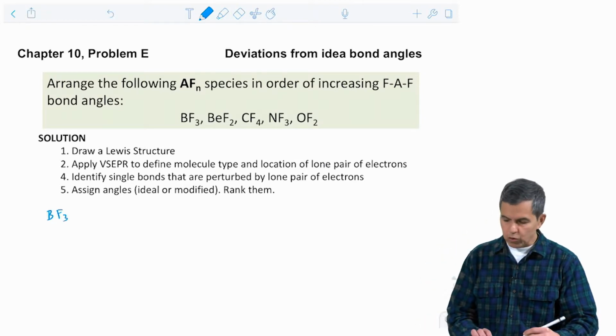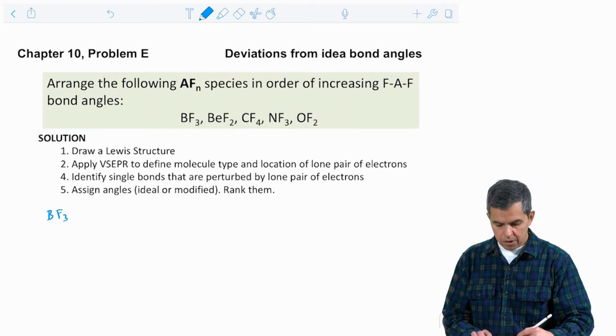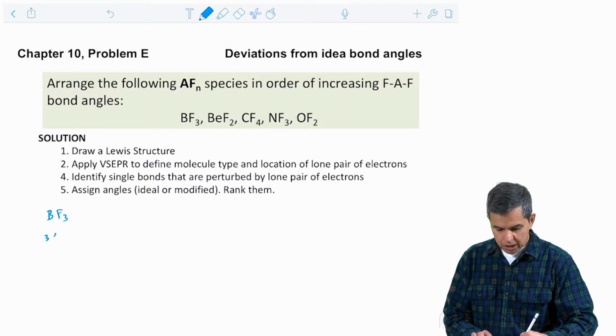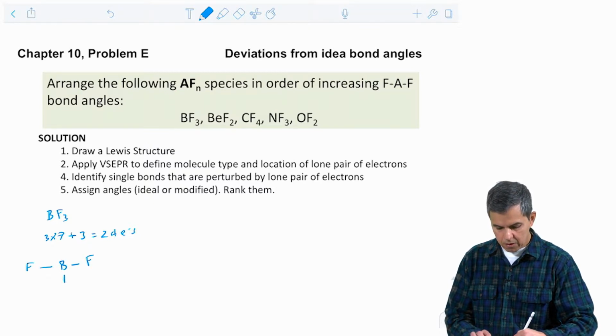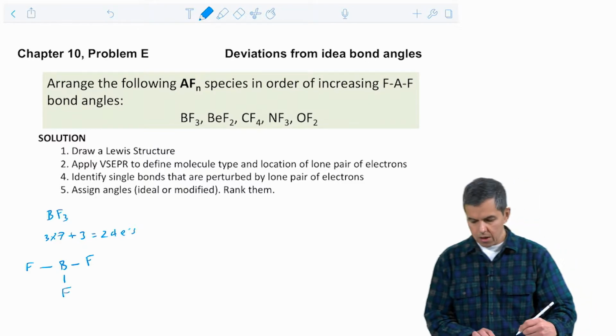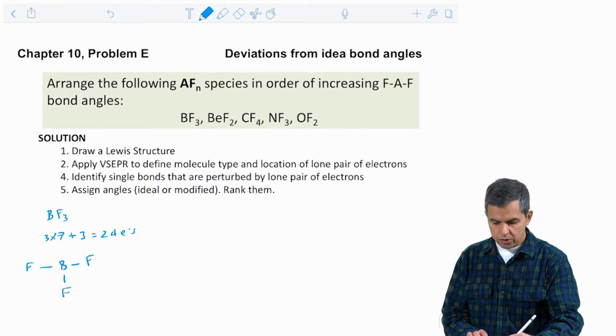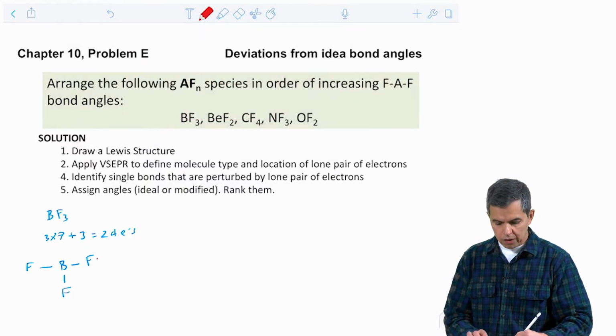BF3 will have 24 electrons. That is, it has 3 times 7 electrons for fluorine, plus 3 for boron, which is 24 electrons. We can draw the Lewis structure for this compound, and we're going to place the electrons on the most electronegative atoms.